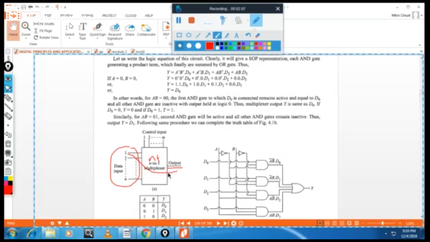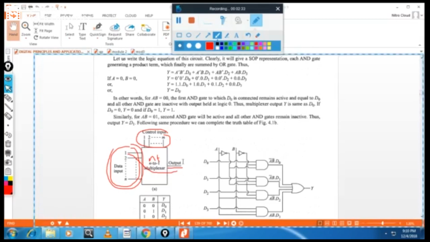This will be moved based on the selection of control signals or selectors. For the n inputs, we need m control signals.